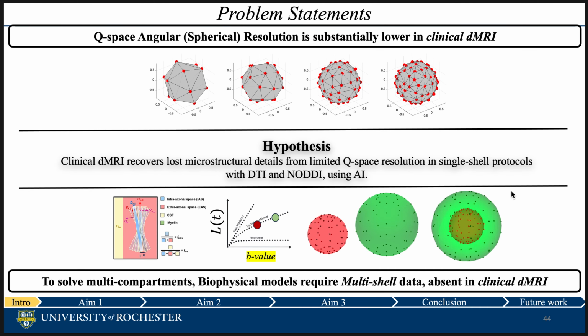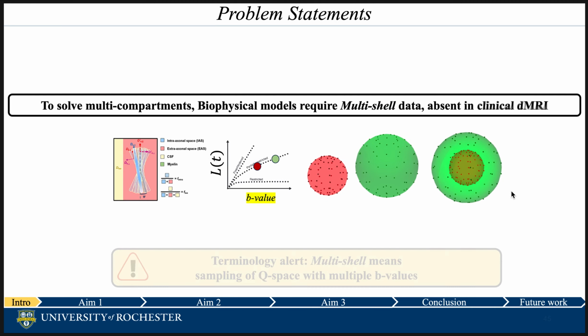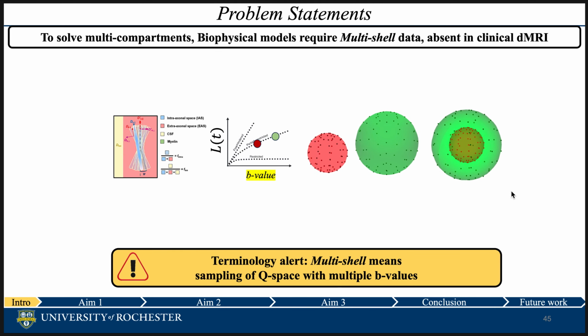Now, since we accounted for the first problem and won the MICCAI challenge in the process, this brings us to our second problem, which is to try to solve the multi-compartments just by using single shell data that is available with clinical diffusion MRI.